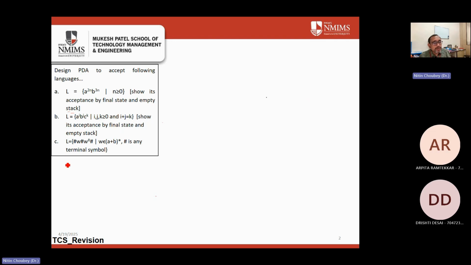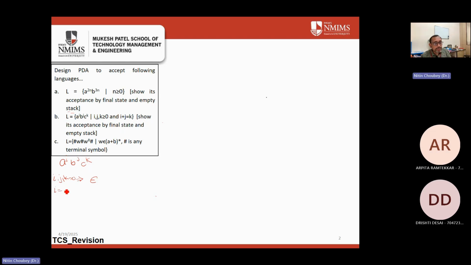So let's consider a^i b^j c^k. If i, j and k, all these three are 0, your string would be epsilon.